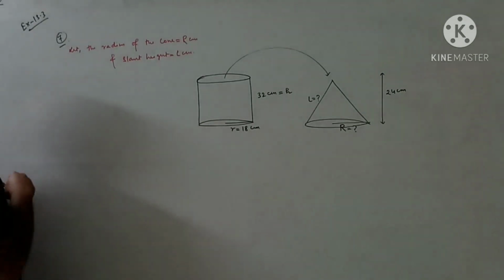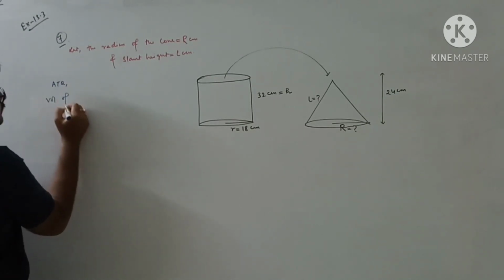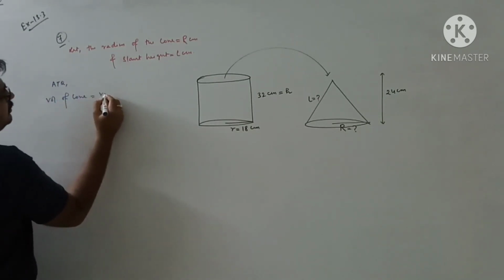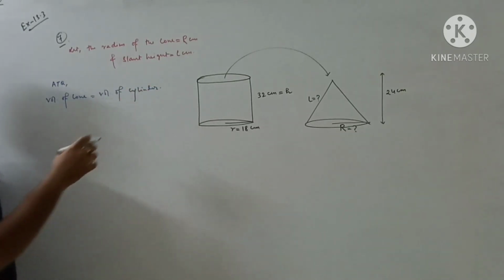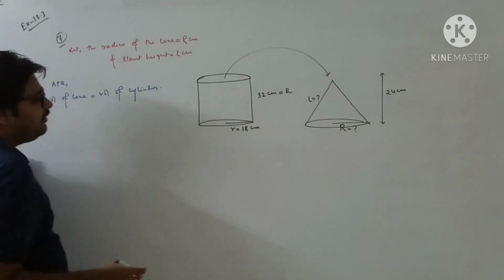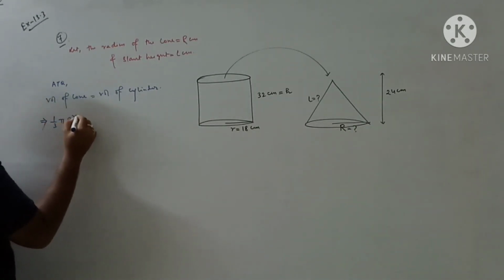Now, according to question, volume of cone is equal to the volume of cylinder, because from the cylinder only the sand has been taken out to make the cone. Volume of cone, what is the formula? 1 by 3 pi r square h.